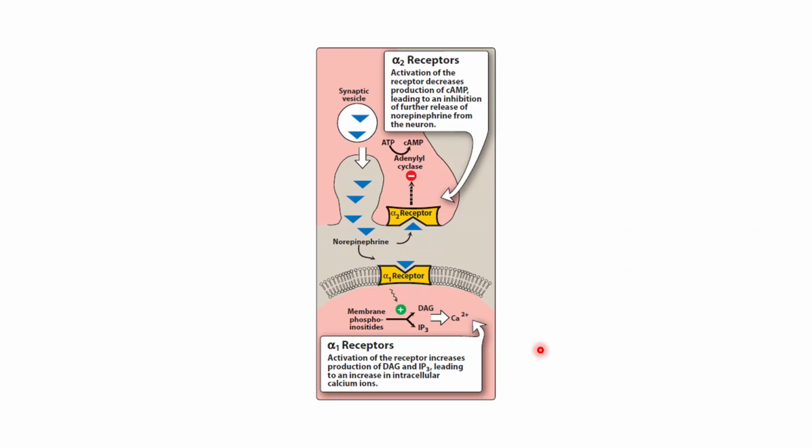The presynaptic receptors are usually alpha 2, and activation of these receptors decreases the production of cyclic adenosine monophosphate, and that leads to the further inhibition of norepinephrine release from the neuron.